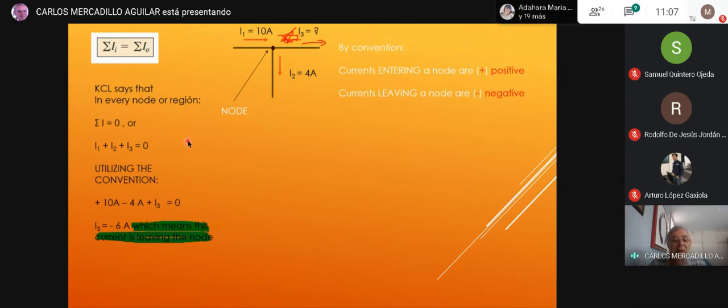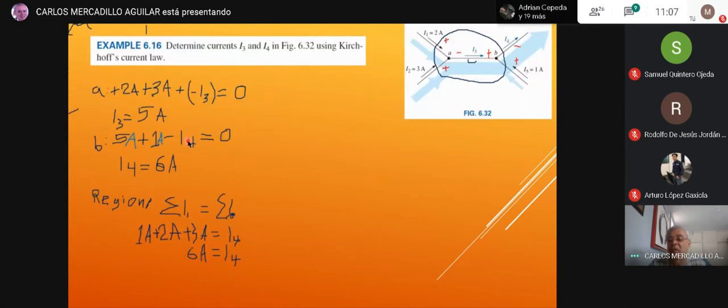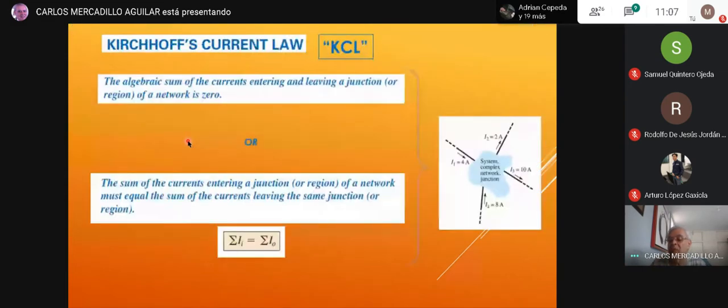Let's go back to the exercise. This one. We can do the analysis. I4, we will put a positive sign here. And also I1 and I4 are positive.